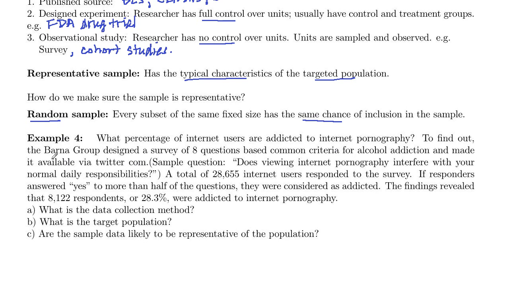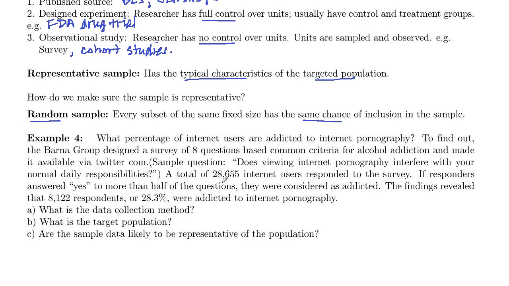Barna is a big research group, and they do a lot of research related to religion and morality issues in all different areas. A sample question was, for example, does viewing internet pornography interfere with your normal daily responsibilities? Those are the types of questions, and then they'll score them with a Likert scale. You rate how much, and then they'll aggregate the results.